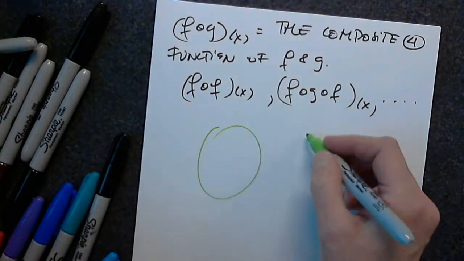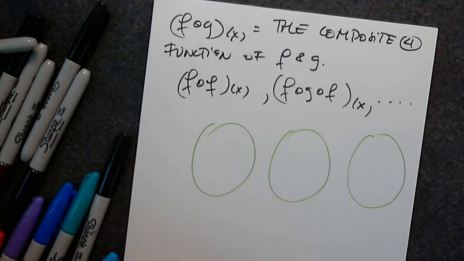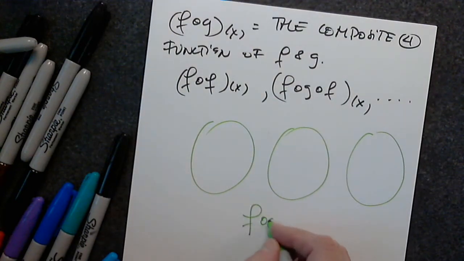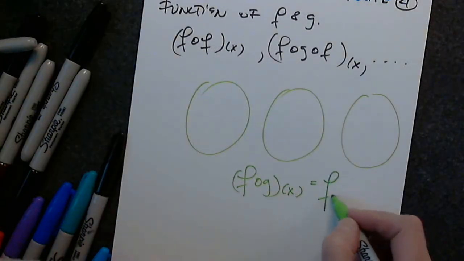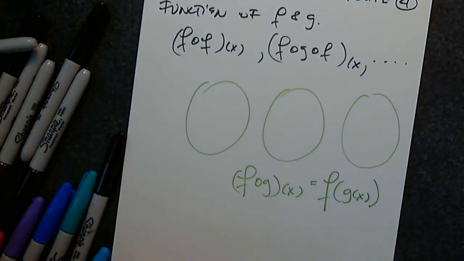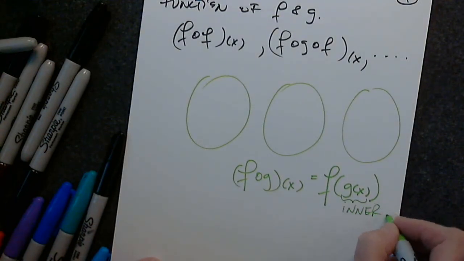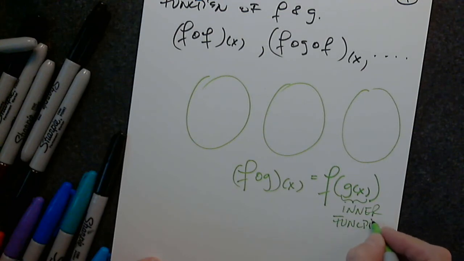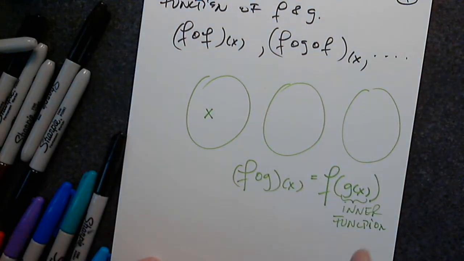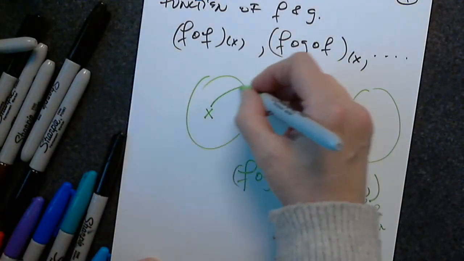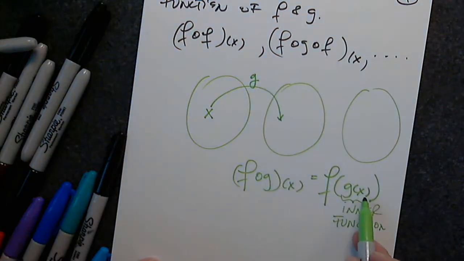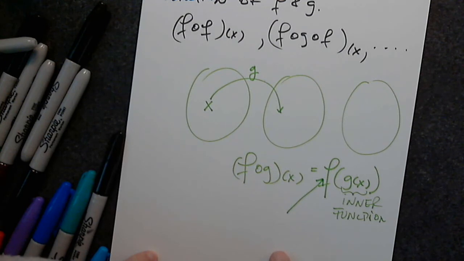So let's create 3 bubbles. We are talking about F comp G. By definition, this is F of G of X. G is what's called the inner function. It's the first one we apply to X. If this is X, we first apply G to it. What do you think function F will be if G is the inner function?